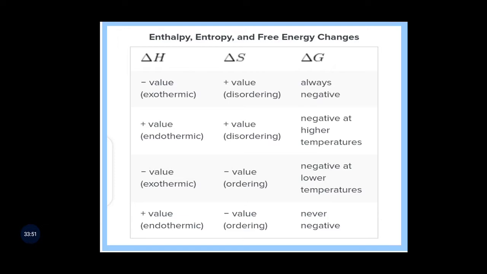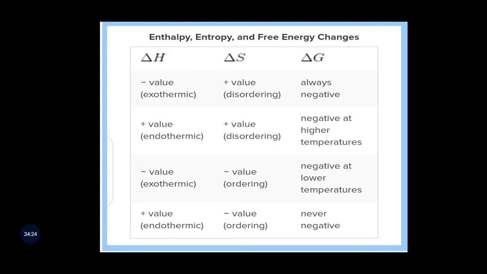Then if you have your enthalpy positive and your entropy also positive, your change in Gibbs free energy will be negative at higher temperature. If you have both as negative, then your change in Gibbs free energy will be negative at lower temperature. Take note.